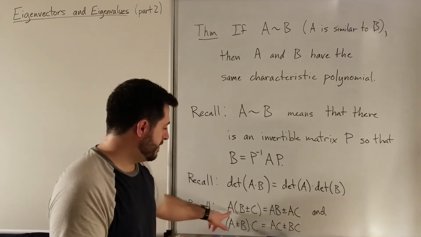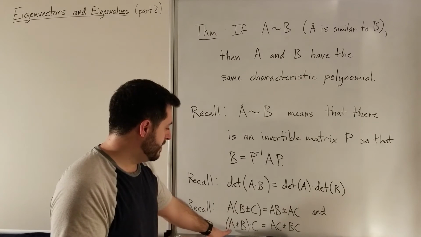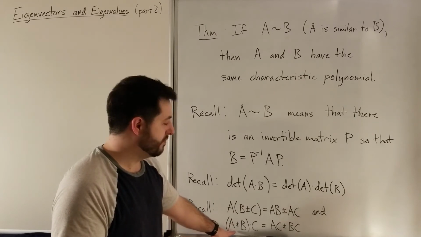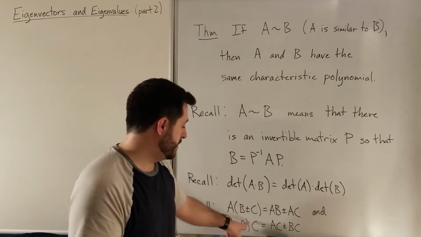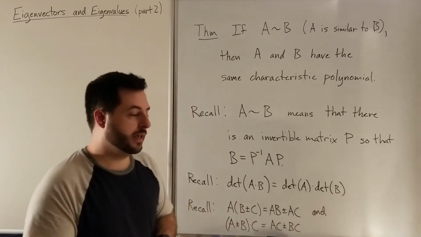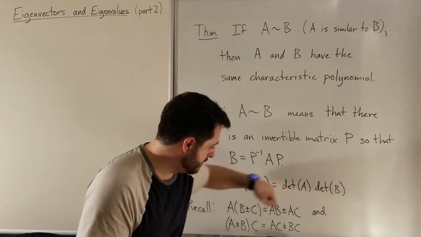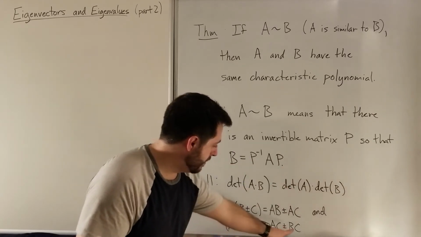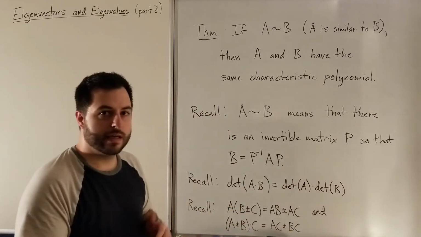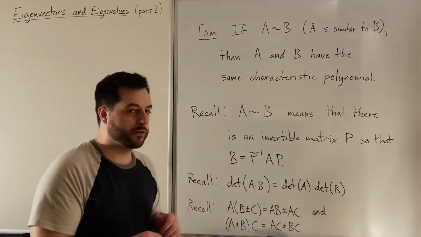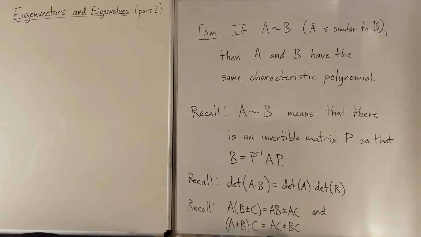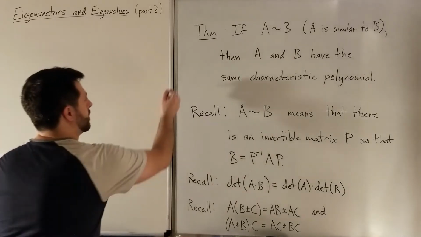So this is left distributivity, and this second equation down here is right distributivity. So you can distribute from the right or from the left, and as long as you keep the same order here, so A is on the left side of these multiplications, whereas C is on the right side of these two multiplications, then these will be true. Matrix operations are both left and right distributive. So now let's prove this theorem here.